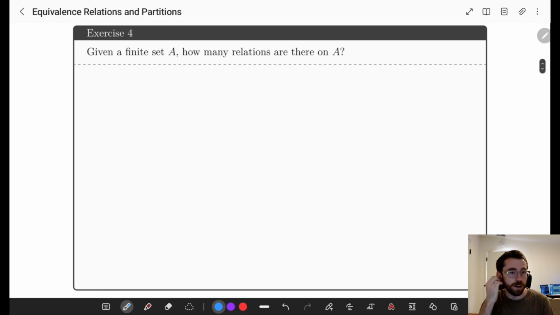This one's a fun one. Given a finite set A, how many relations are there? Like, how many relations can you imagine? Let's suppose the cardinality of A is some natural number n.